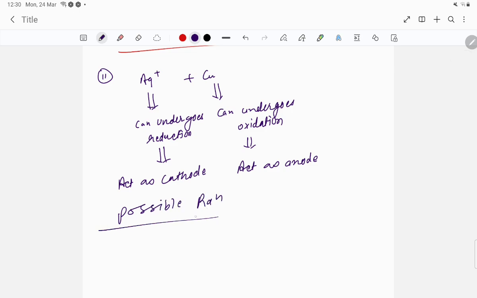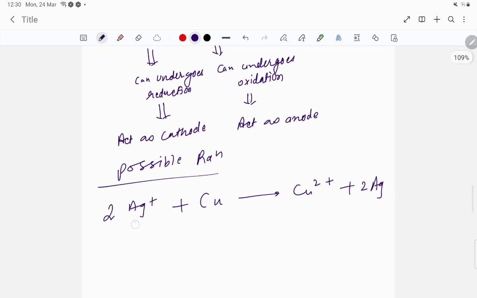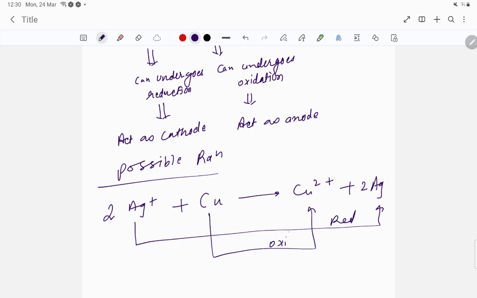The possible reaction, student, what is the possible reaction? Ag+, so you can take 2 Ag+, and Cu is there, so it is going to give Cu2+ and 2 Ag. From here it is going to be reduced, and from here it is going to be oxidized.